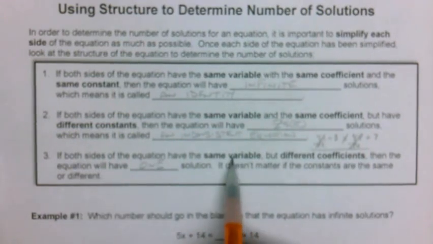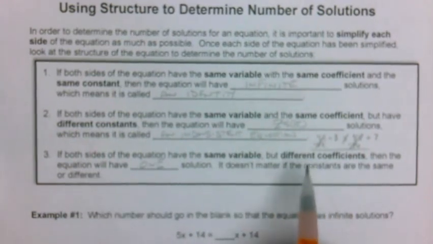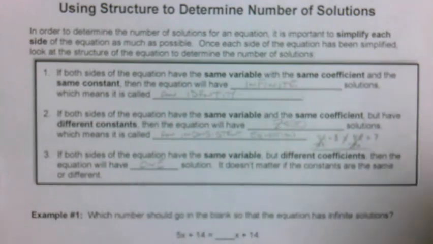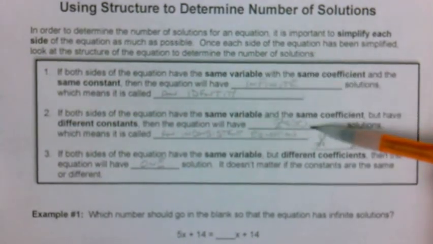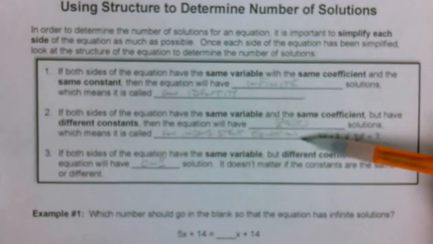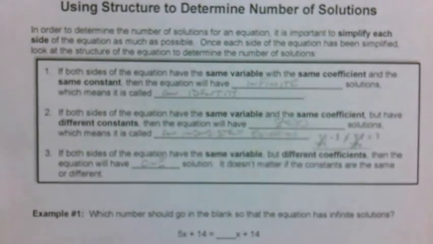In the next part of this video, we'll look at the structure to determine whether there are infinite solutions because it's an identity, no solutions because it's an inconsistent equation, or just one solution.